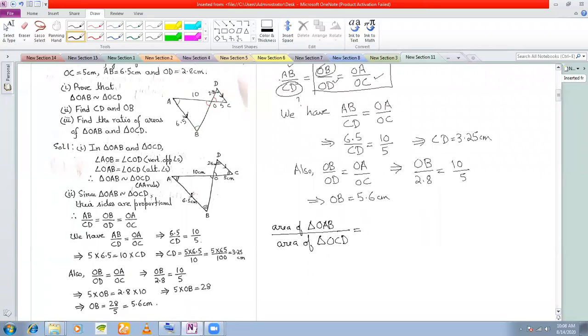What are the proportional sides? AB by CD is equal to OB by OD is equal to OA by OC, and the square of all this. Okay, you can take any of the ratios. So which ratio do you want to take? Let us take OA by OC. Let us take this one.